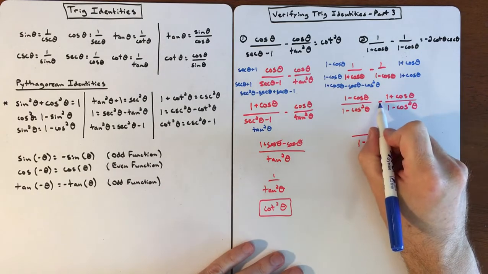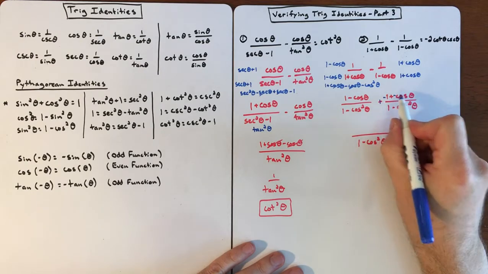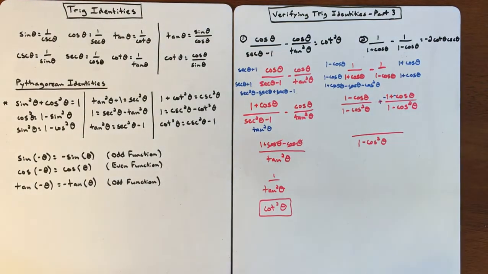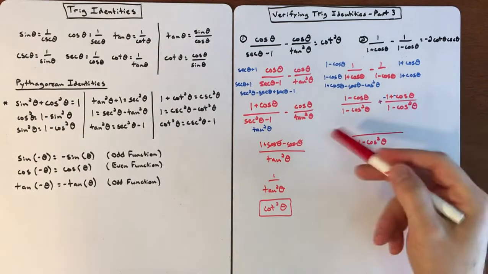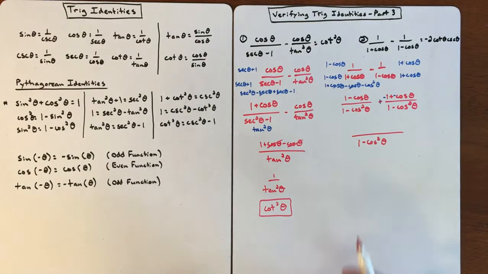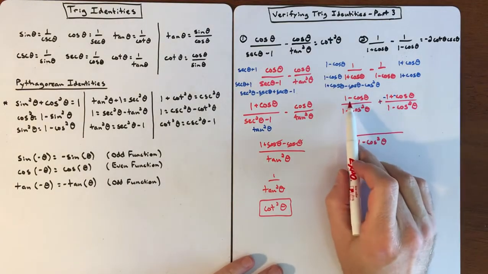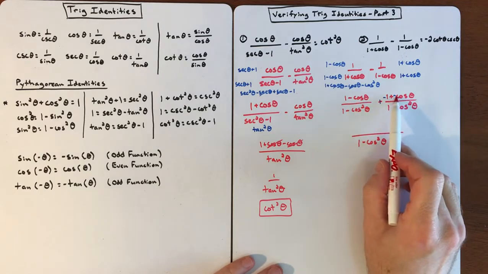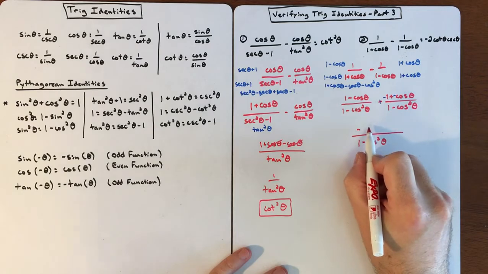So what I do to just make sure I don't miss the second piece that you're subtracting is I will distribute that sign to everything to make sure I don't miss it. So if you feel like you're getting this wrong, it's probably because you're not subtracting the second piece. So distribute the negative in, and that should take care of it. So you have a 1 minus a 1, those go away, and you have a negative cosine minus another cosine, so that's negative 2 cosine.